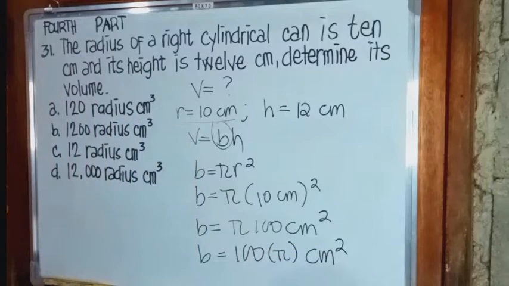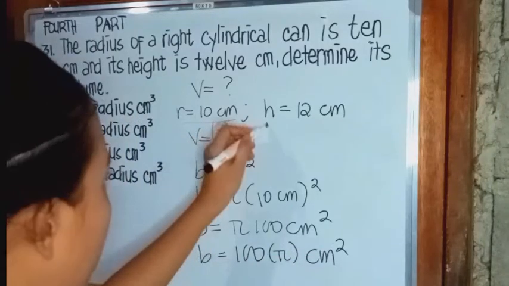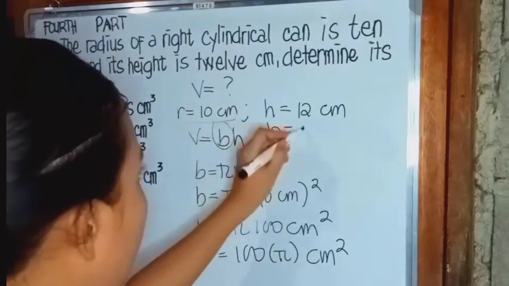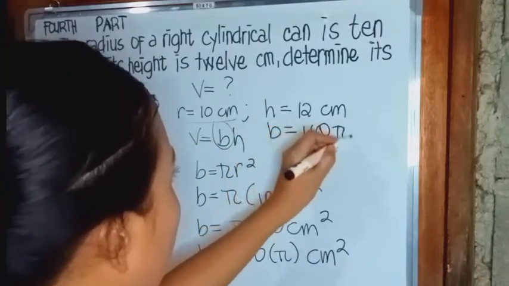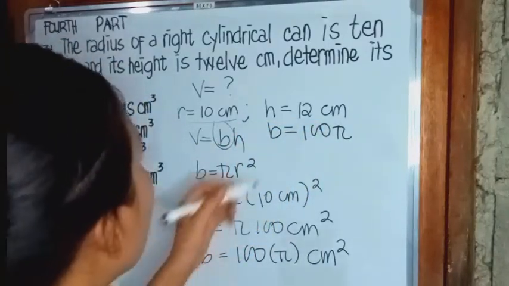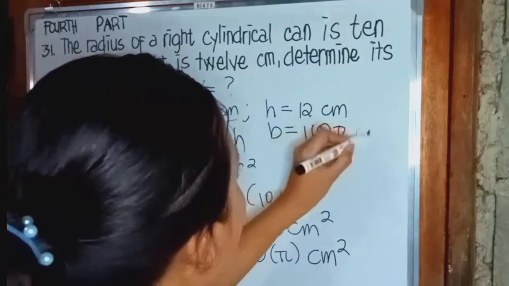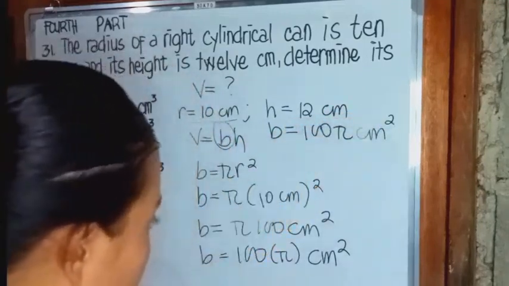Well, we already obtained the value of base. You can write this one: 100 pi square centimeter.